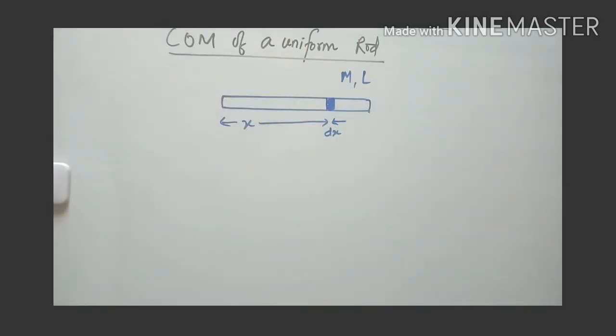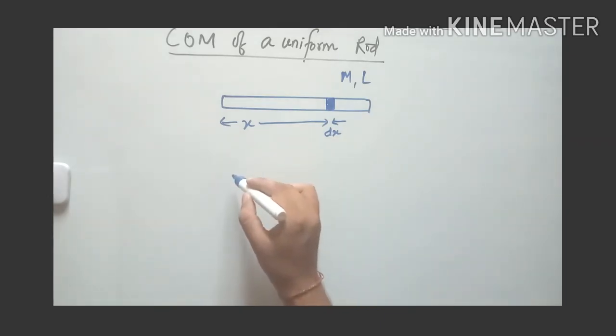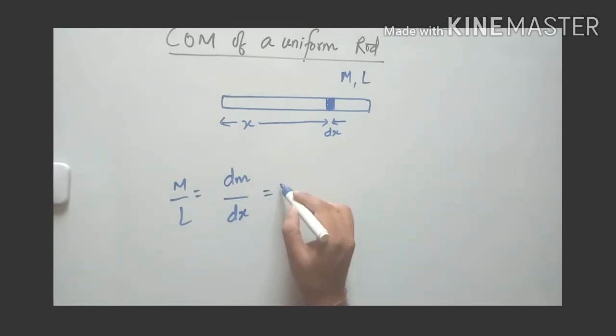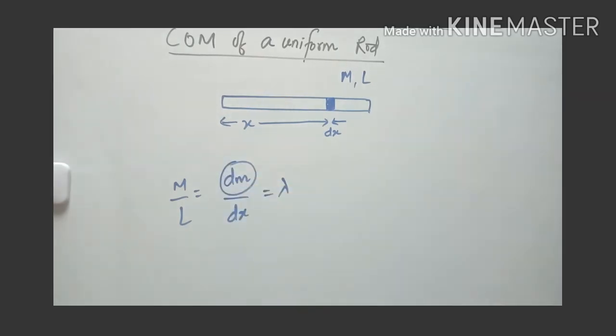The first step will be to find out this dm. How do you find this dm? We know that the mass per unit length, that is m by L, is given as dm by dx. Using this concept of linear mass density lambda, we can find the value of dm. Lambda is the linear mass density, that is how the mass is distributed.